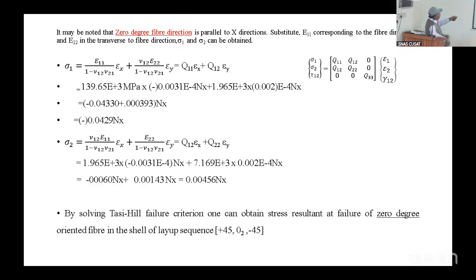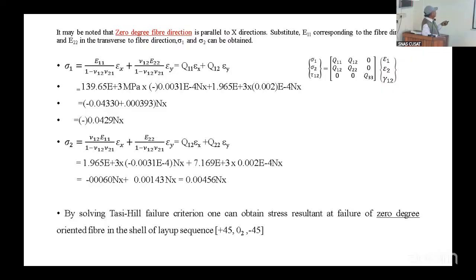That is Q11 epsilon x, Q12 into epsilon y. So Q11 is already there, and Q12 is already available, you put it here. So Q11 into epsilon x. Epsilon x is 0.0012, just now we got it. Then the other one. So just substitute it, you will get sigma 1.